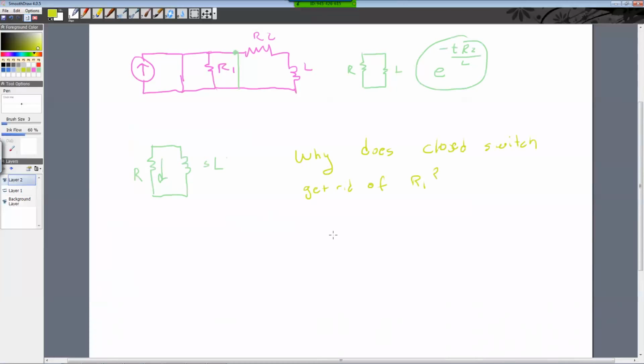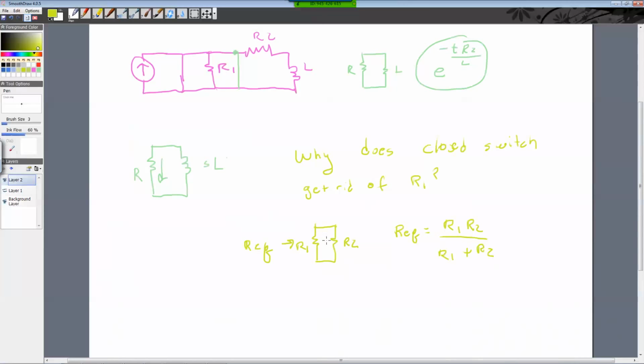I mean, sometimes my way of speaking is very intuitive, but so let's do this. Our equivalent, and I'm just going to do the shorthand for parallel R1, R2: R1 times R2 over R1 plus R2.